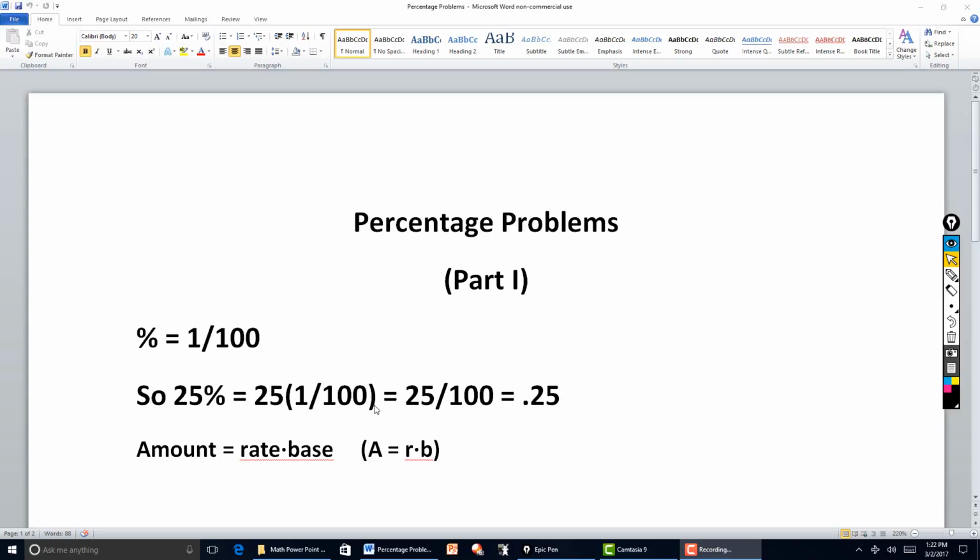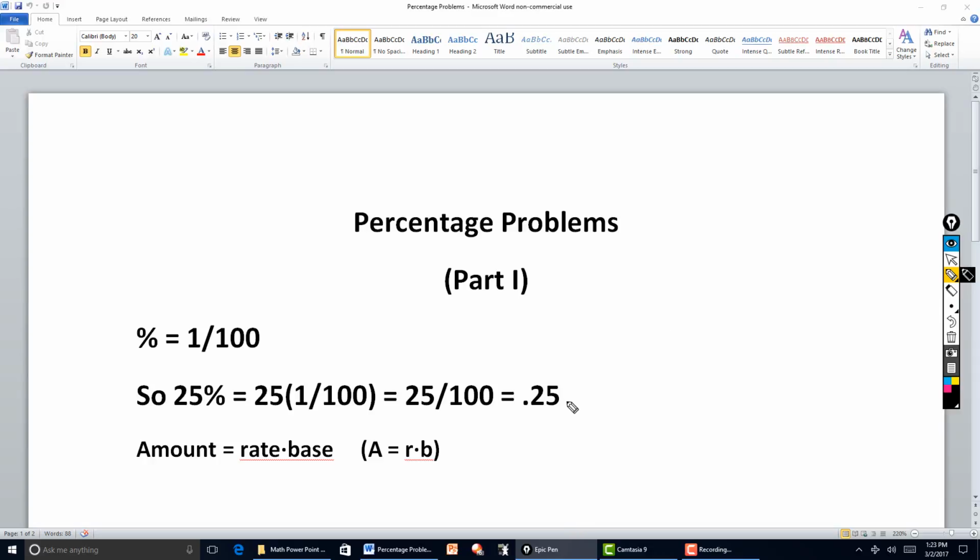If I carry through the operations, I get 25 over 100, which is the same thing as 0.25. That's why when you have a number with a percent sign, they ask you to convert it to a decimal, or to remove the percent sign, simply move the decimal over 2 places. What you're doing there is actually dividing the number by 100, because a percent is 1 over 100.